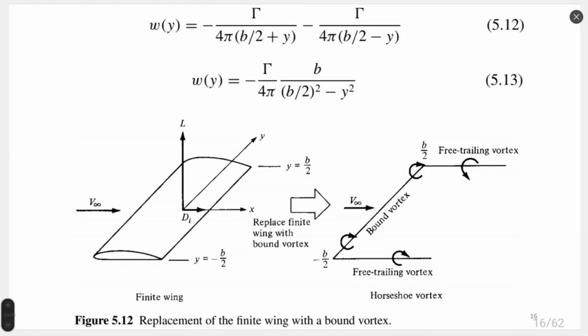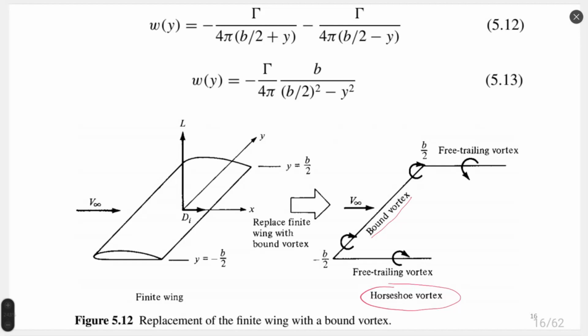This flow picture corresponds to a vortex structure called a shoe vortex, represented on the right part of figure 12. This vortex has one part which lies on the center of the airfoil, the bound vortex. Here we can see it over here.